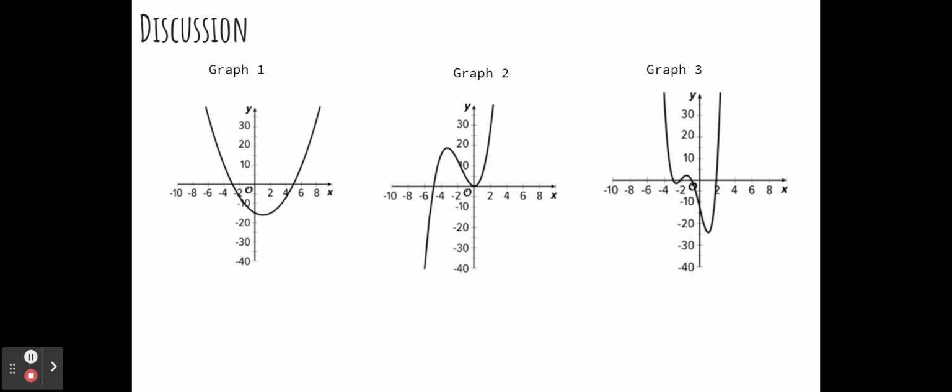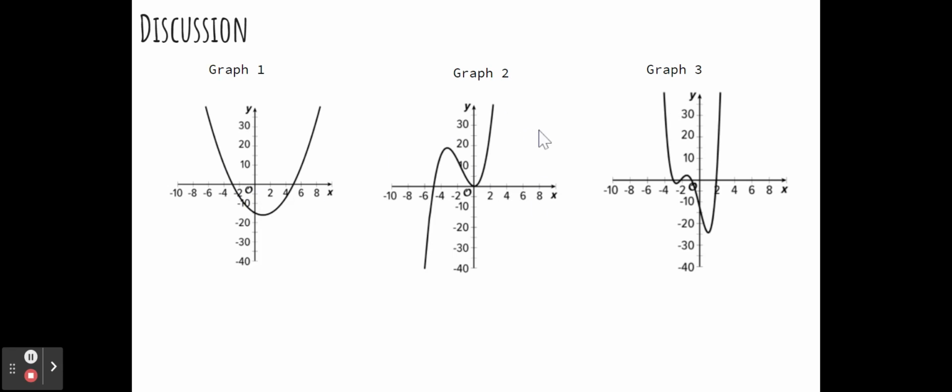One of the things we wanted to talk about right now is what are called maximums and minimums. Right here where we have this valley, this would be known as a minimum. And it is an absolute minimum because this is the lowest the graph will ever go. So whenever you see a valley, that is a minimum.